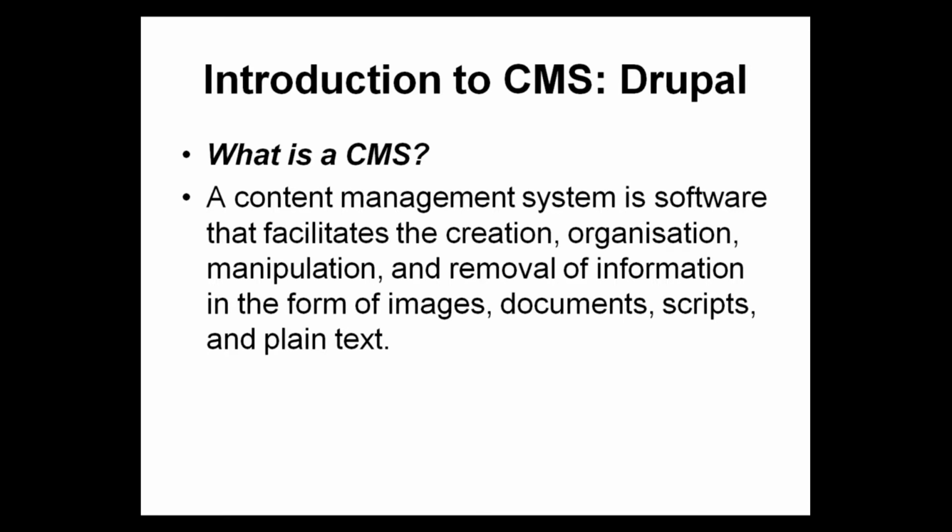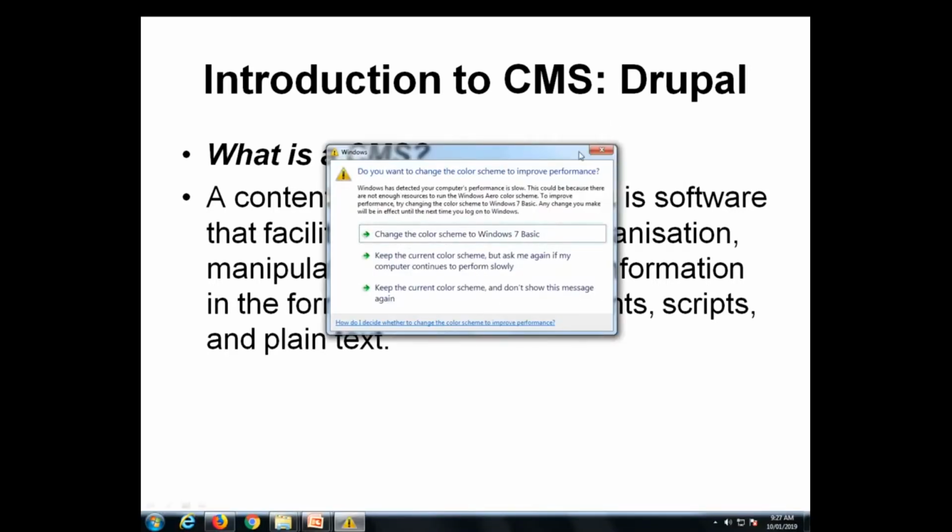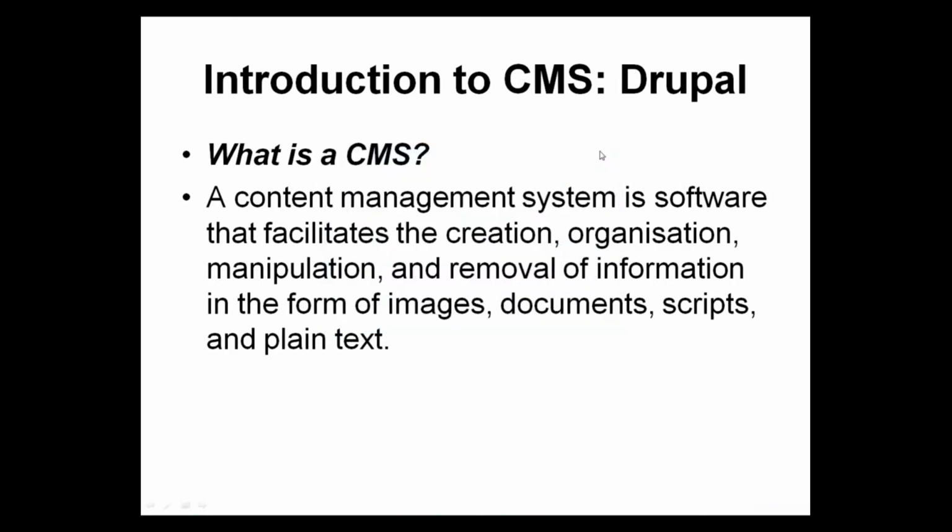When you work with websites, you will normally see pictures or text on the website, or sometimes a combination of both, such that your visitors will have much information about whatever you do on the website. So basically, this is what a content management system is.